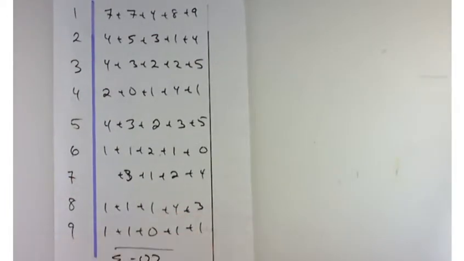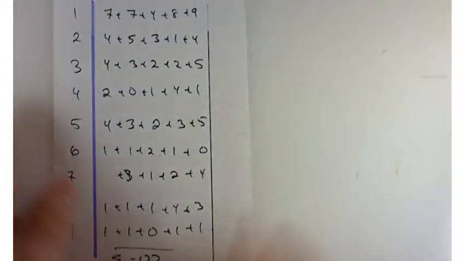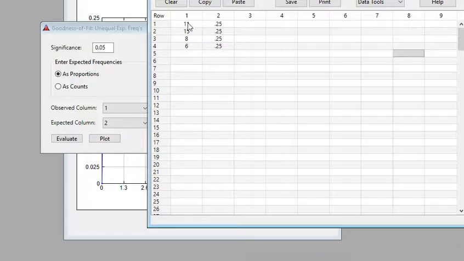And let's take a look at this. We'll enter it into StatDisk. Now there's a couple things that we'll enter. We'll enter the observed frequencies, and I think I've got those here for us.